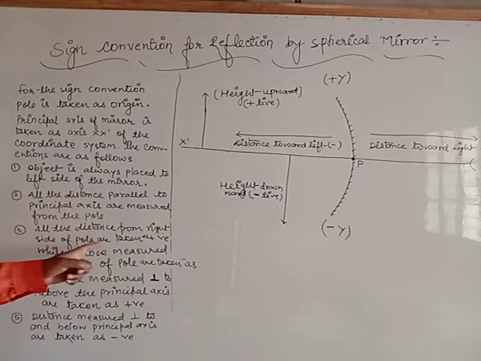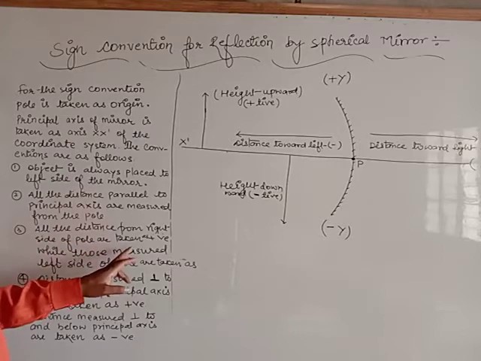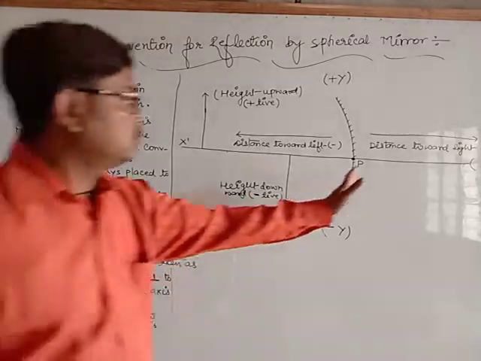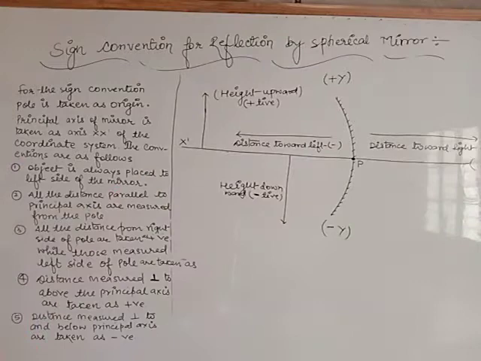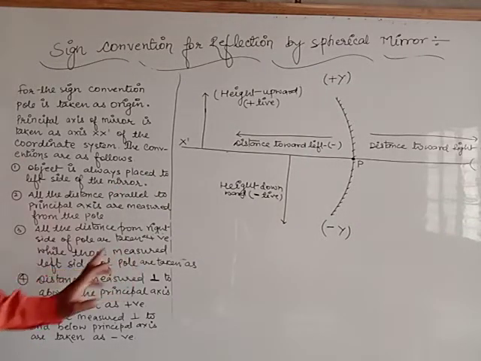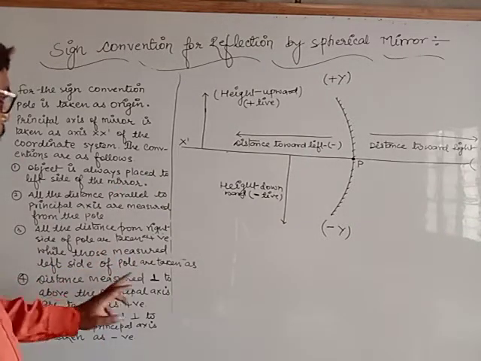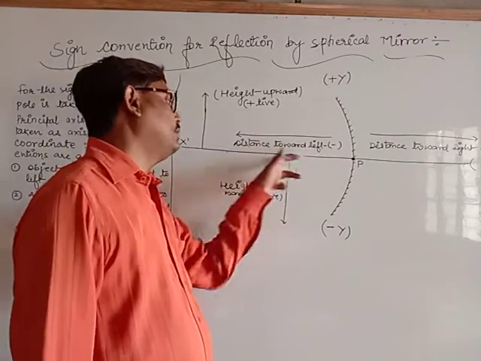All distances measured to the right side of the pole are taken as positive, while those measured to the left side of the pole are taken as negative.